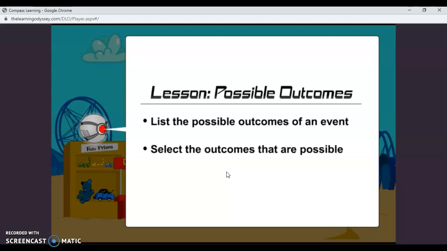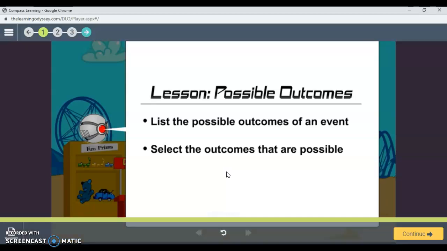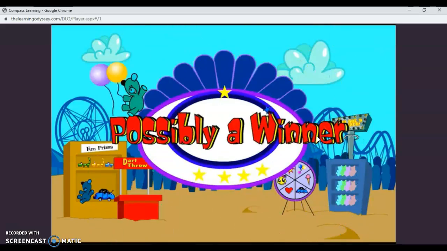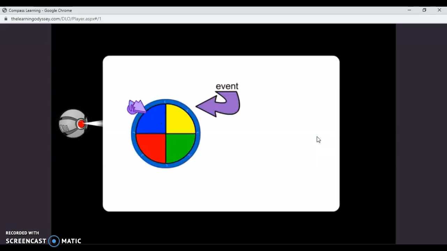And the lesson is possible outcomes. So we have to list the possible outcomes of an event. We have to select the outcomes that are possible. The possible outcomes of an event are all the results that have a chance of happening.